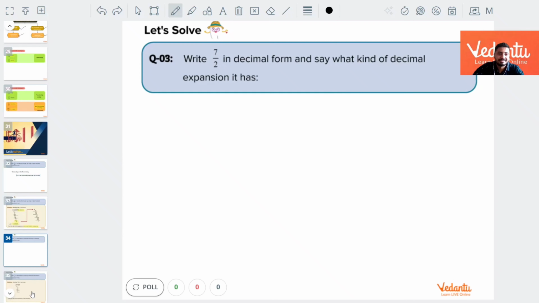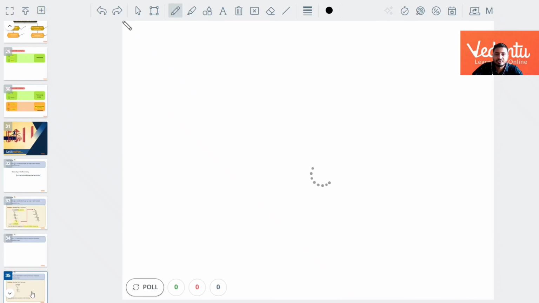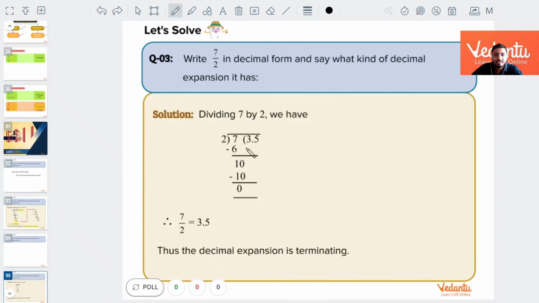Have you solved? Take your time. Completed? Excellent. What is the answer? On dividing 7/2, we get 3.5. I told you it is terminating. So the decimal expansion is terminating, and 7/2 is of terminating type.